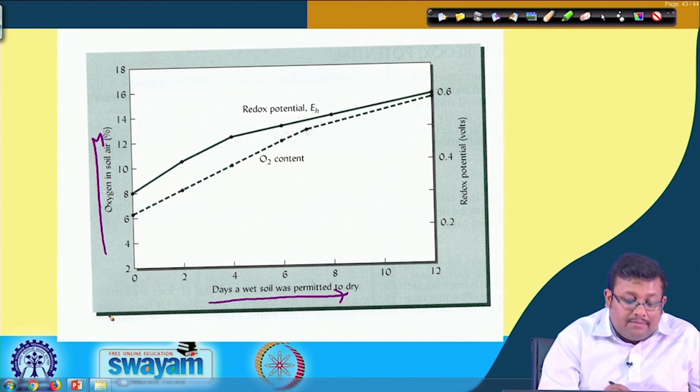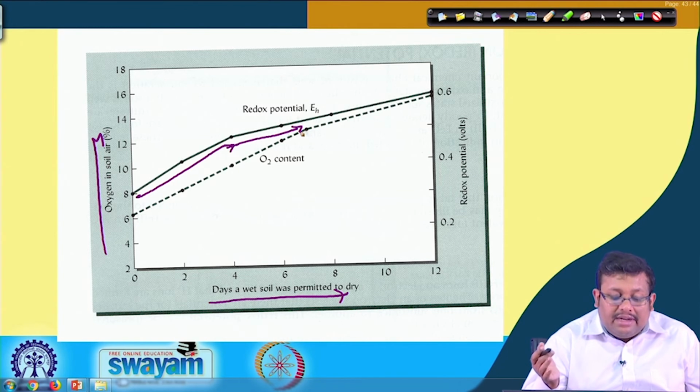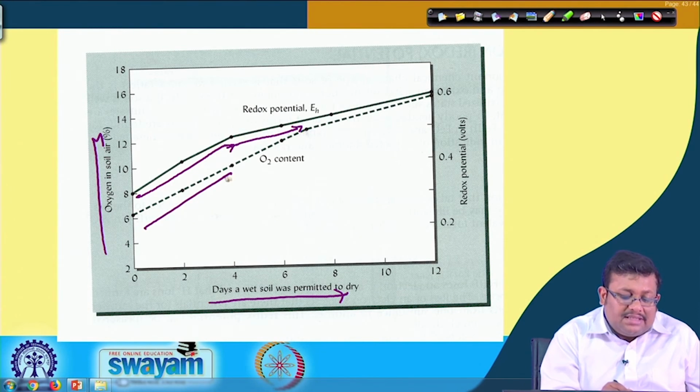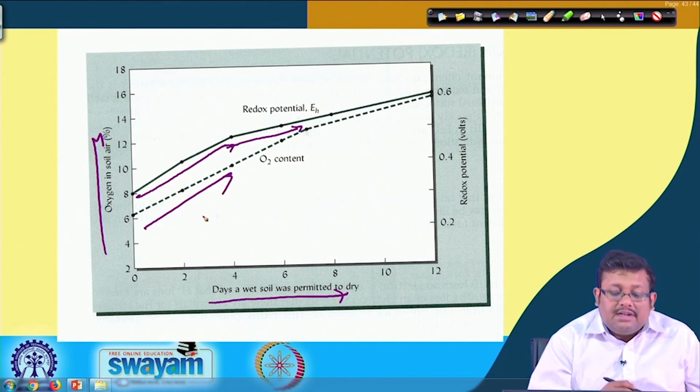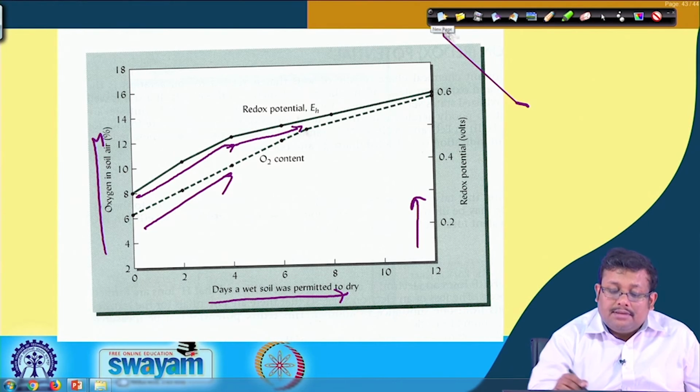After passing of a couple of days, the redox potential increases because oxygen will enter into the pore spaces from which the water has evaporated, and as you can see from this curve, as a result of that, redox potential increases simultaneously. So, an increase of redox potential indicates oxidation, and a decrease of redox potential indicates a reduced condition.